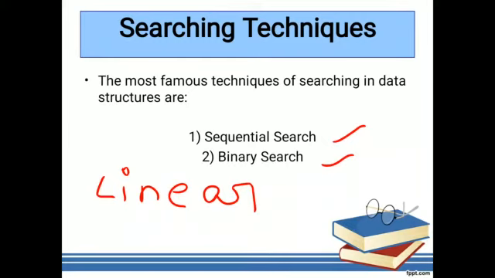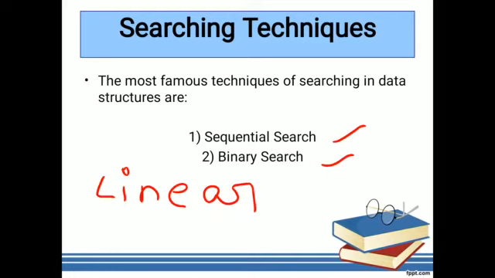The name itself indicates that it is searching the elements in a sequential order. That means if you want to find an element, then obviously it will traverse from the first element to the last element, and each element is compared with the key element or target, to see whether the element is matched or not.